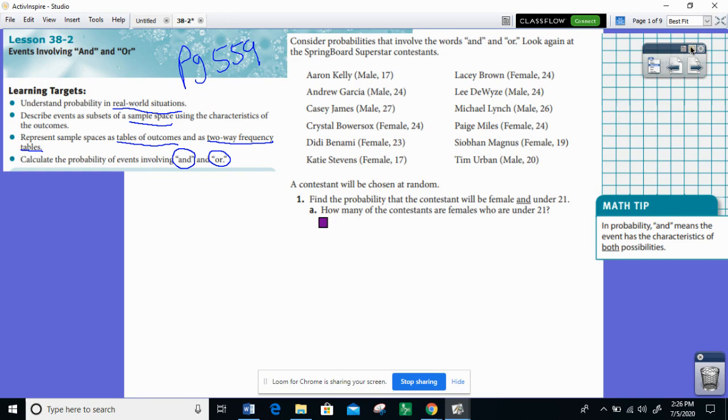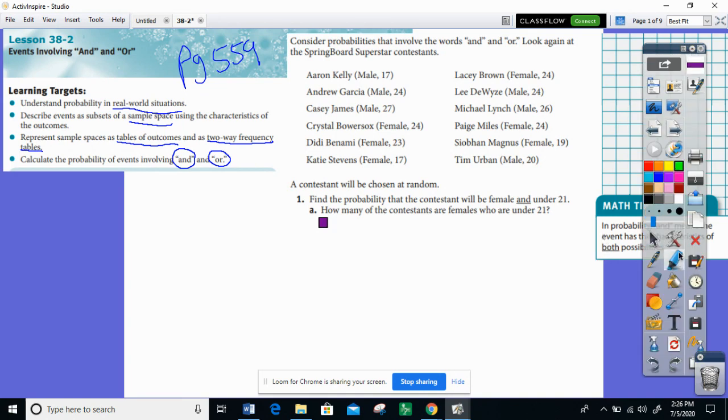Well, in probability, and means the event has the characteristics of both possibilities. So we want to ask ourselves, how many of the contestants are female who are also under 21? Well, anybody that's a male, we're going to leave out. Crystal is a female, so we're not going to include her.